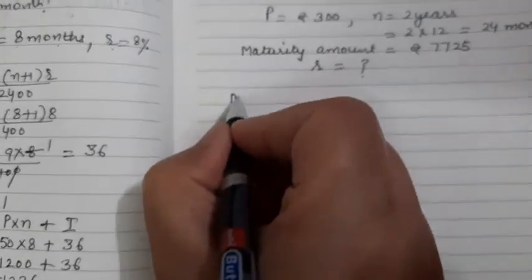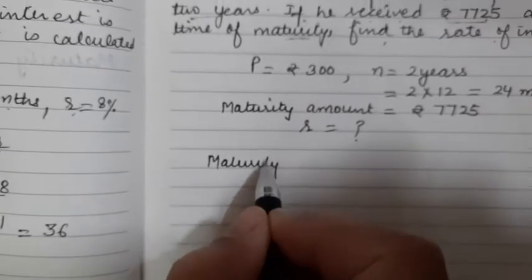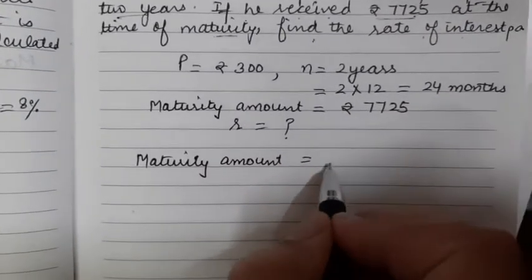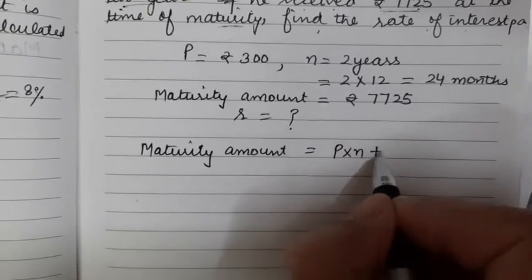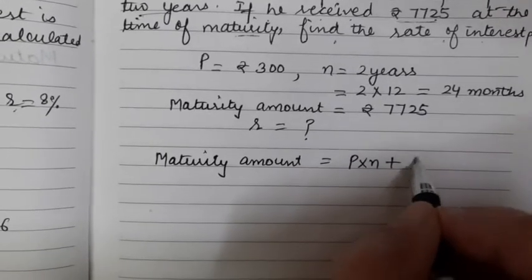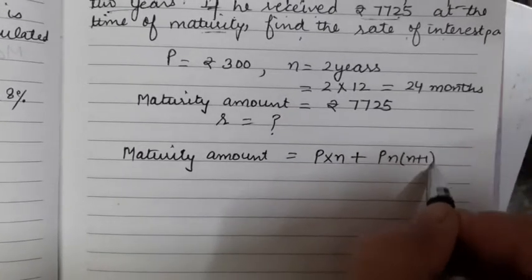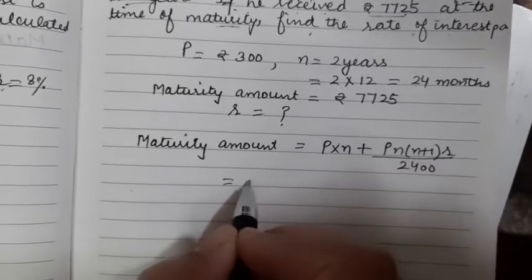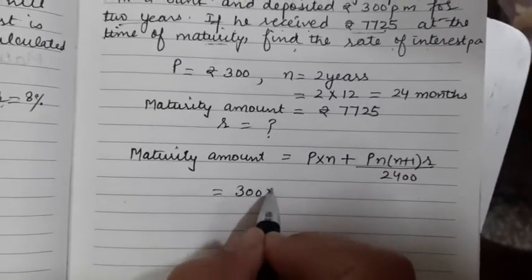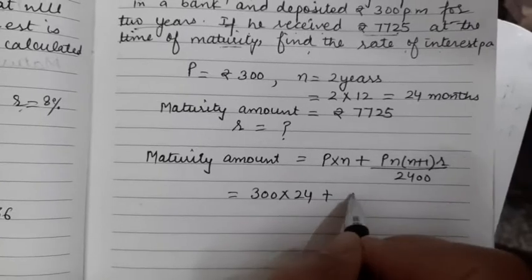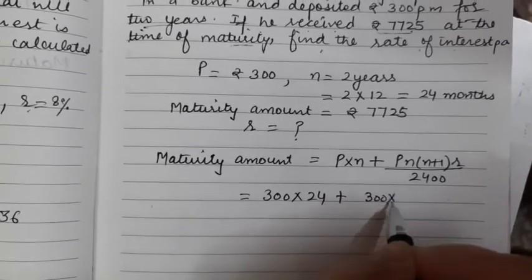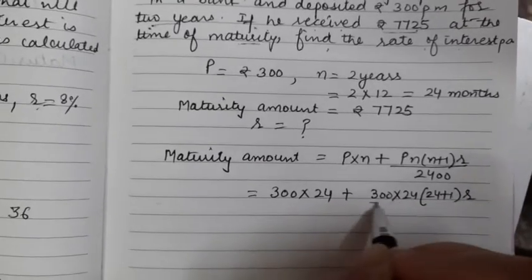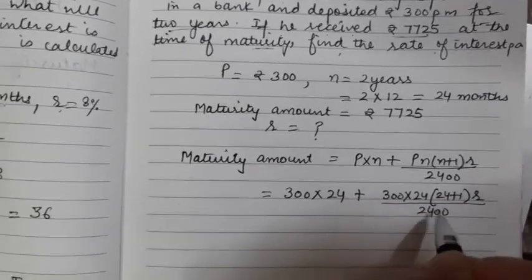Now maturity amount equals P into n plus interest, formula P into n plus 1 R over 2400. Putting the values, P is 300, n is 24, plus again 300 into 24 into 24 plus 1 into R over 2400.